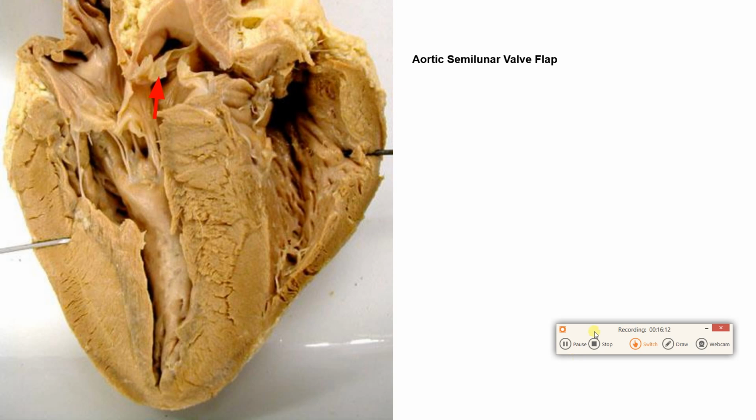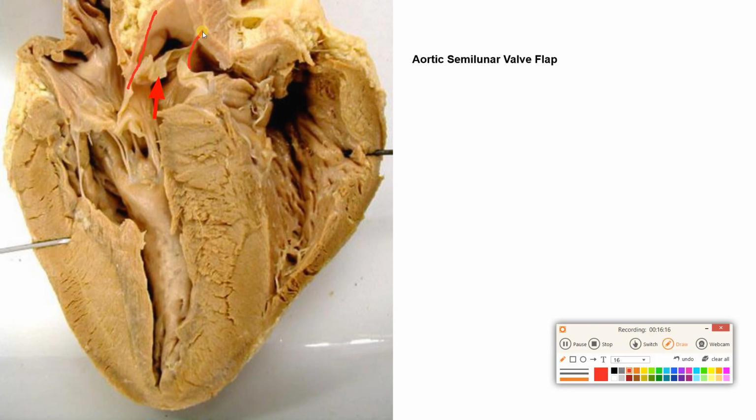The aorta is coming out up here, okay? And so this flap, no chordae tendineae attached to it, that is an aortic semilunar valve flap. So if you find a valve flap, ask yourself, does it have chordae tendineae? If it does, it's AV, which means it's either mitral or tricuspid.